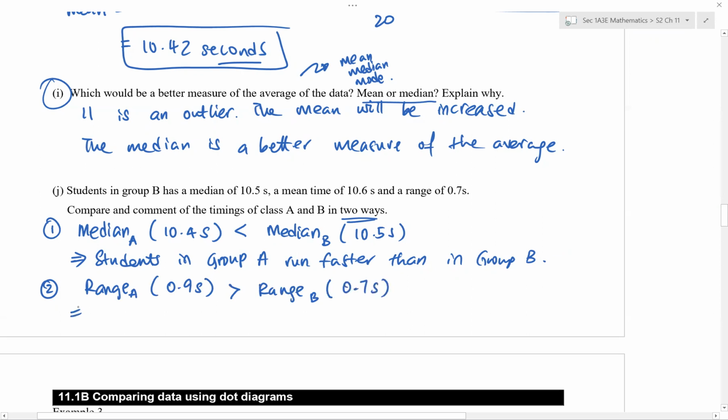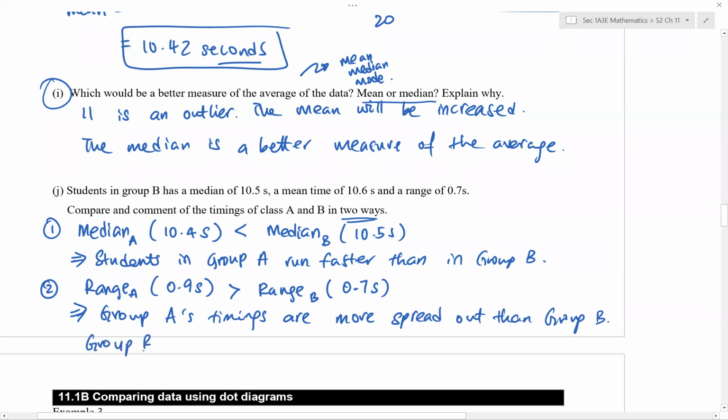So the conclusion, we say that group A's timings are more spread out than group B. Alternatively, an alternative way of writing this is that group B timings are more consistent than group A's. Okay, so this is a keyword which you will need to know as well.